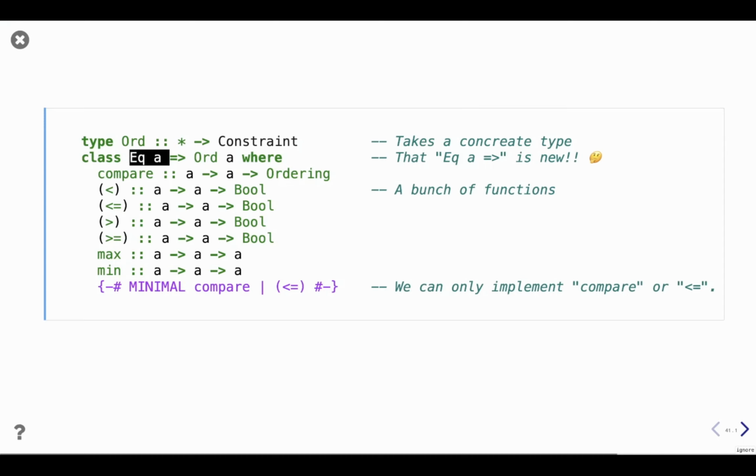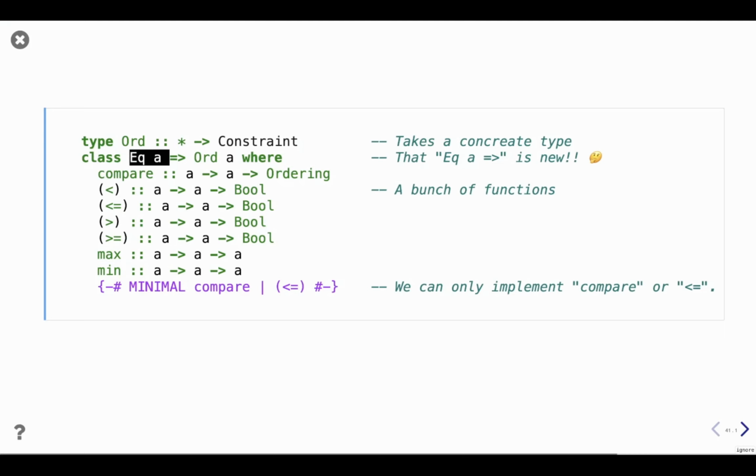Superclasses allow simpler signatures to be inferred. By saying that a type is an instance of Ord, not only do we know that it has the behaviors of Ord, but also the behaviors of Eq. On top of that, this allows us to use the behaviors of Eq type classes to define the instances of the Ord type class, which is actually something that happens in this case.